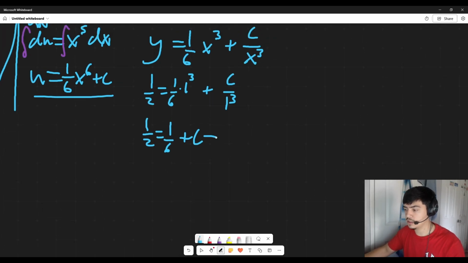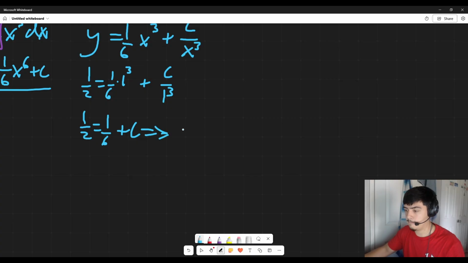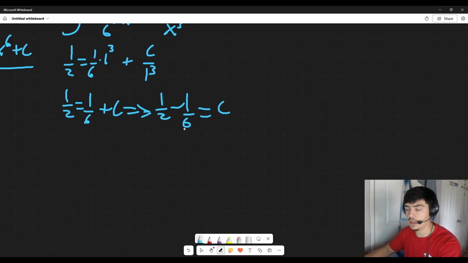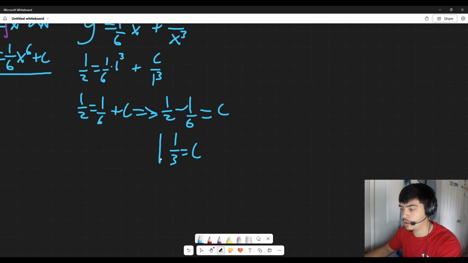Subtracting 1/6 from the other side, we get 1/2 minus 1/6 equals c. Getting common denominator, right? 1/2 is also 3/6. 3/6 minus 1/6 is 2/6, which is just 1/3. So for our c, we get 1/3.